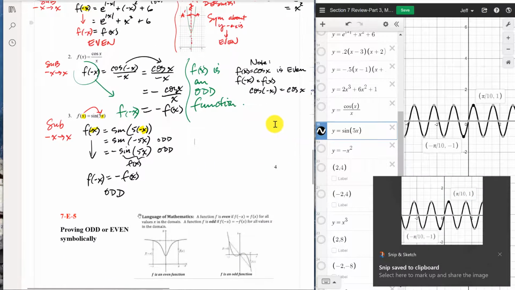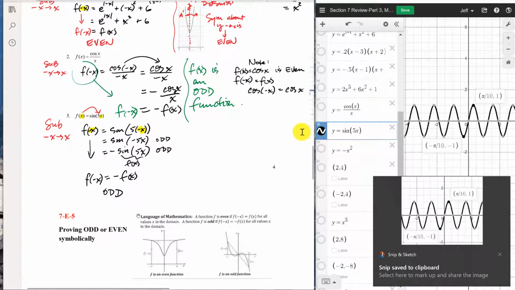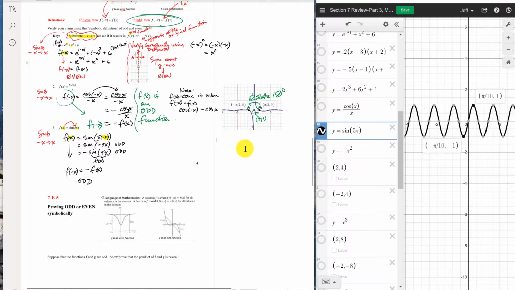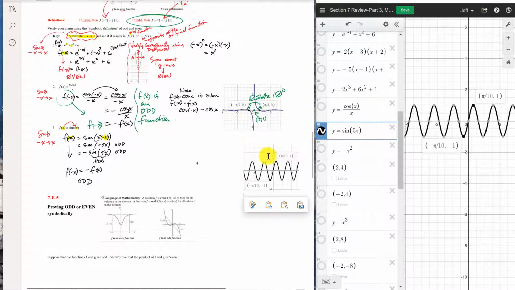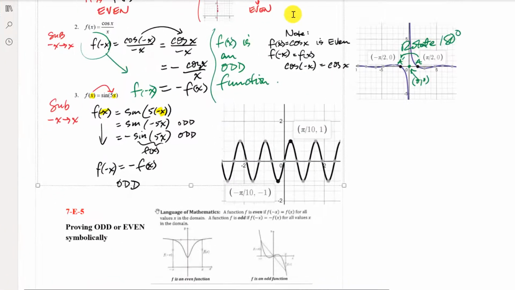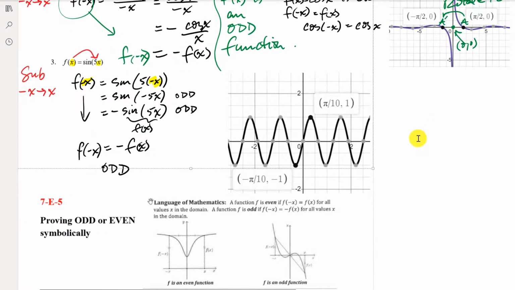So let's bring this function in here so we can take a look at it. Okay, so we're looking at the function now, and as I was saying here, let's say a here at pi tenths comma 1 gets rotated to this point down here, call it a prime.